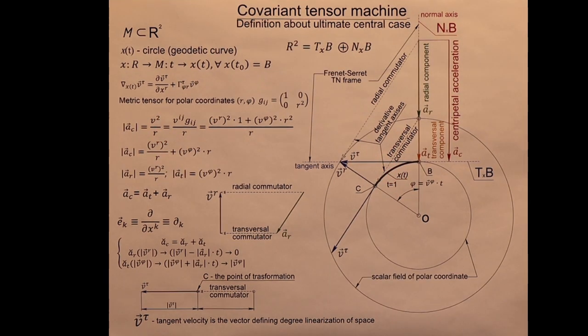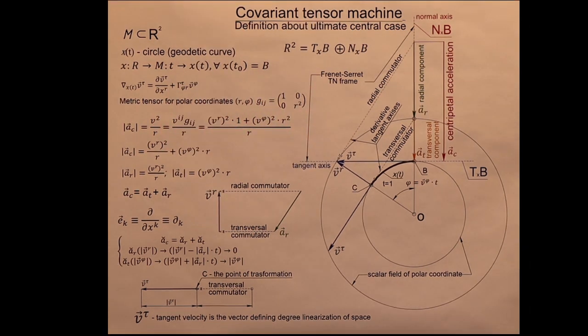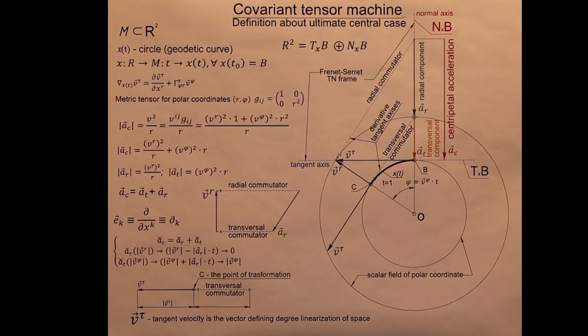Here, in the same way, the velocity vector is represented in contravariant components. After that, it is transformed into an additive sum of accelerations. These are the radial and transversal accelerations.